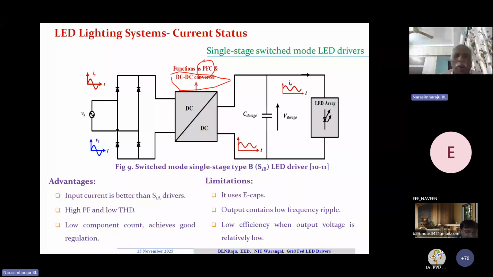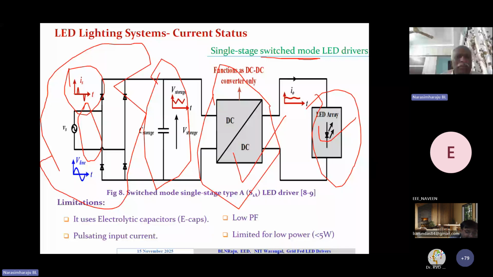If you look at the source current here, it is quite in line with the source voltage. It's not like the previous one, where the source current is highly discontinuous, so the power factor is poor.